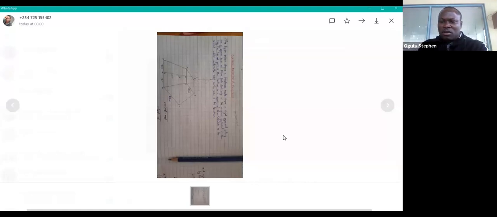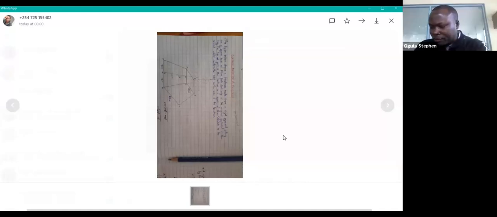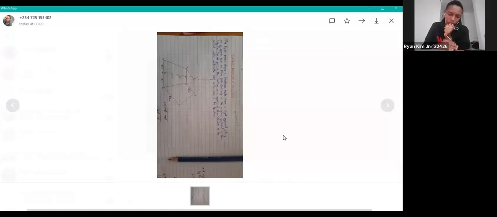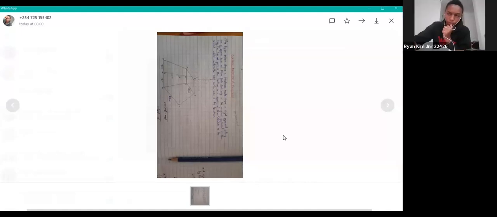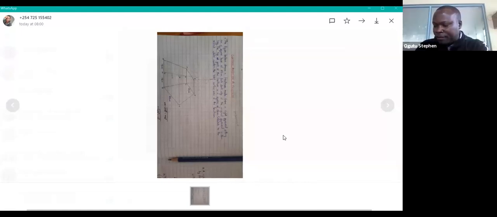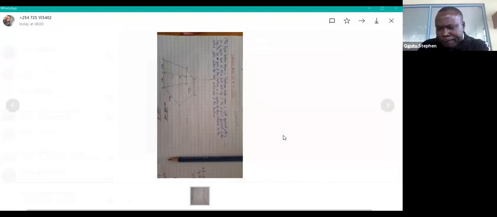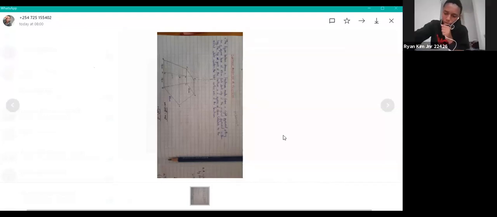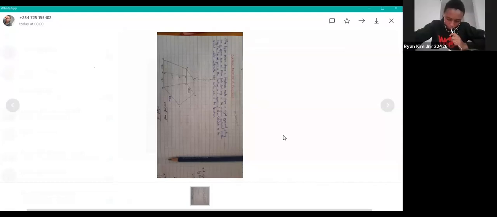The one who asked the question, are you in class? Yes. Okay. The top square is how much? The top square is 10 centimeters, by 10 centimeters. And the bottom square? 20 centimeters. What else have you been given? Slant edge of the original pyramid, 28 centimeters. So that is capital L.